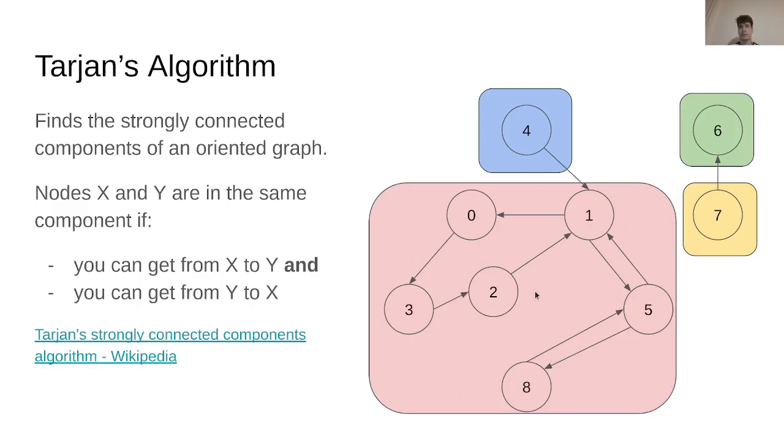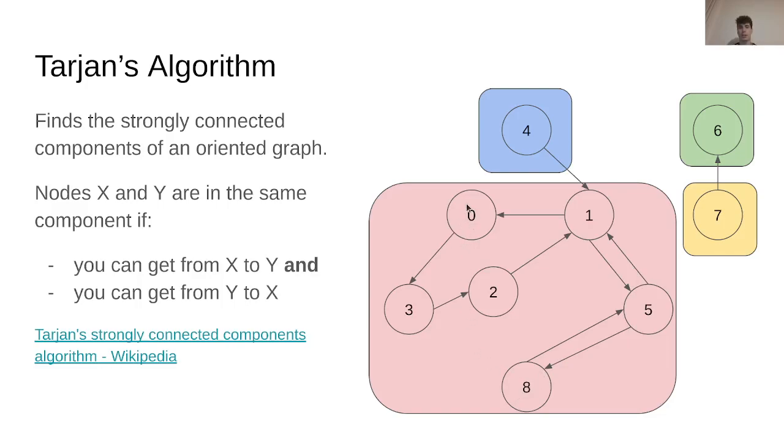So if we have a graph, it will look at all the groups of nodes which have this property that you can get from node X to any node in the component, but also the reverse.